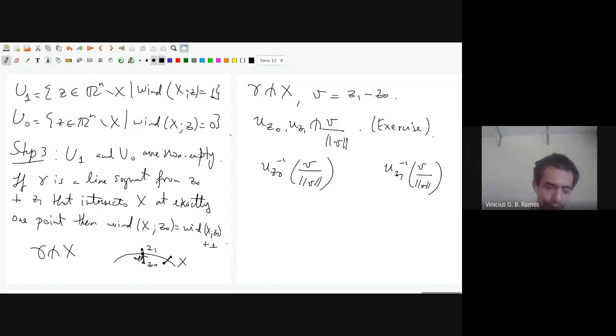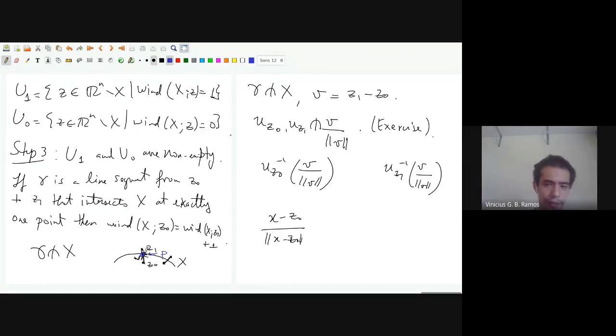The point is that if I'm looking at x minus z0 over the norm of x minus z0, when I look at the pre-image of this, for z0, this intersection point is not going to be in the pre-image.